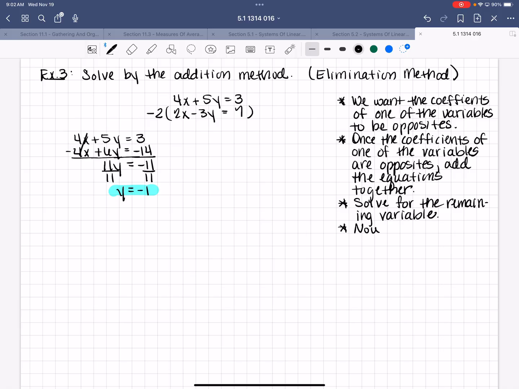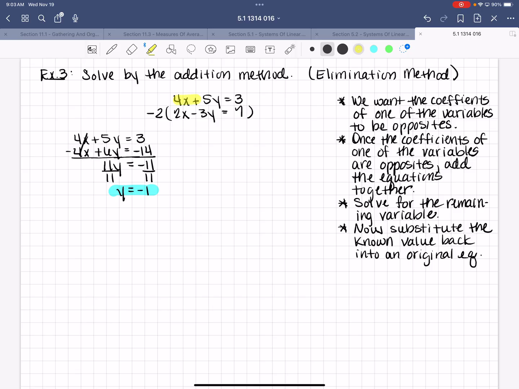Now, substitute the known value back into an original equation. Okay? So you're going to plug it back into one of the originals.